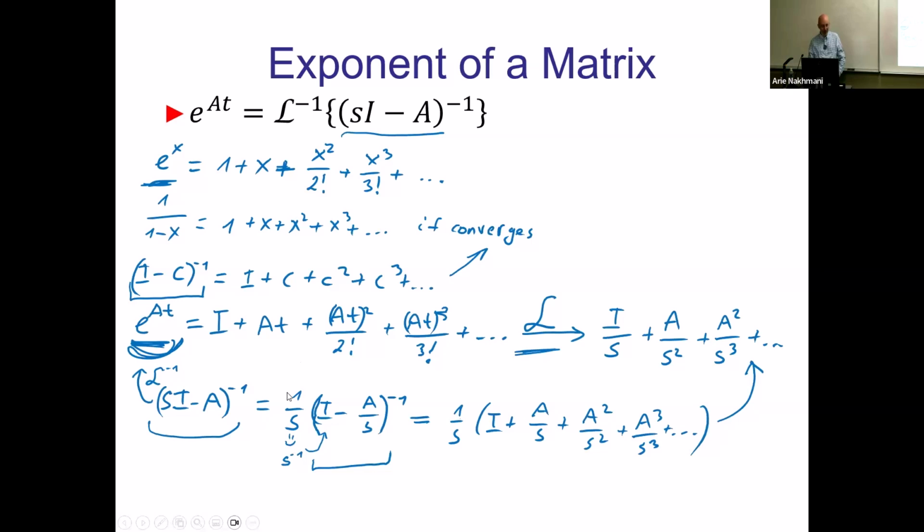And here I have 1 divided by s. This is exactly the same thing like I've got from here. So think about that in the opposite direction. It's a little bit difficult to see that with inverse Laplace transform. Put the Laplace transform on that thing, right? So Laplace transform of that exponent, we want to prove that this is sI minus A inverse.